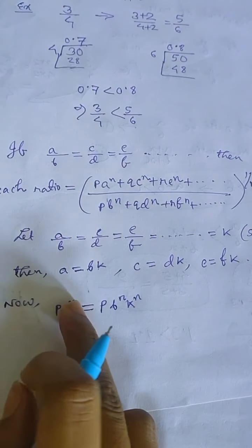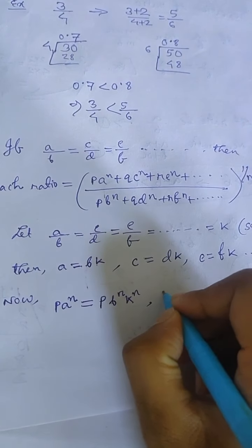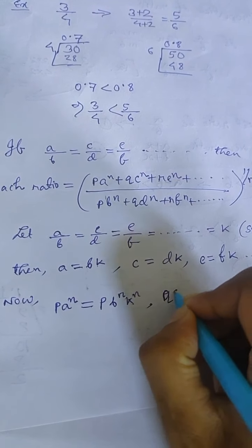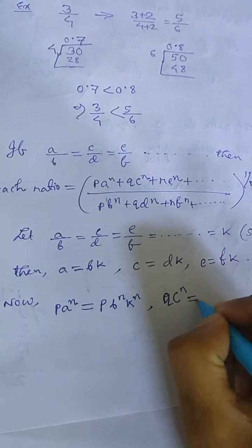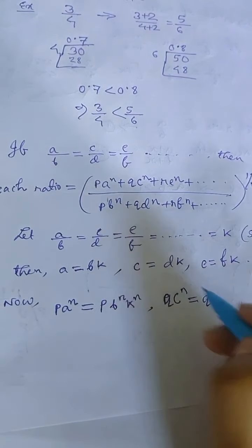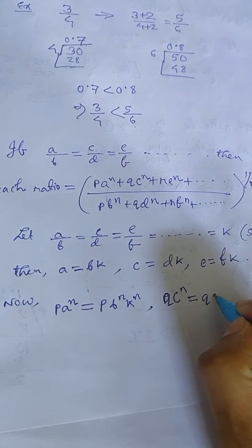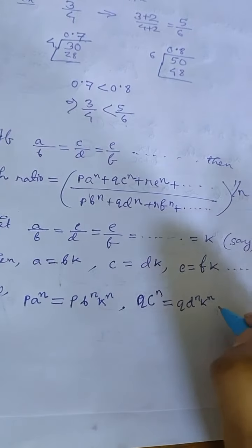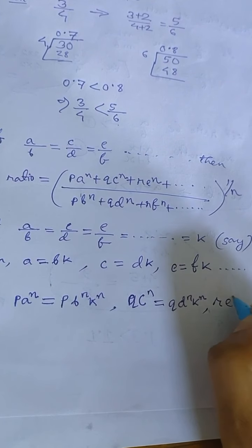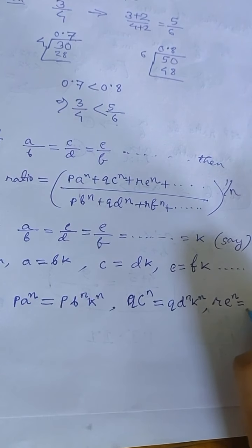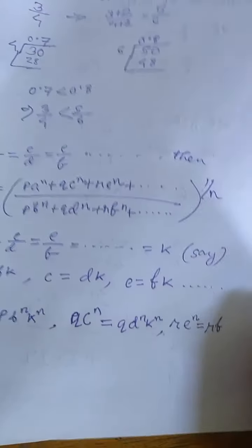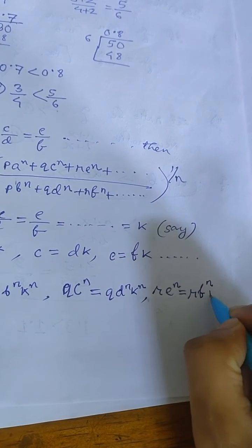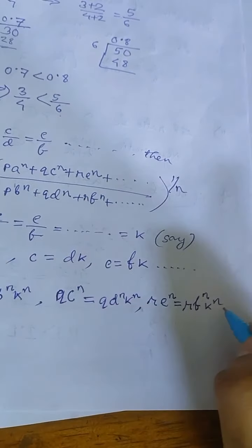Then similarly q c to the power n equals q, then let's put the value of c here, d to the power n, k to the power n, then r e to the power n will be r f to the power n k to the power n, like this. It will go on.